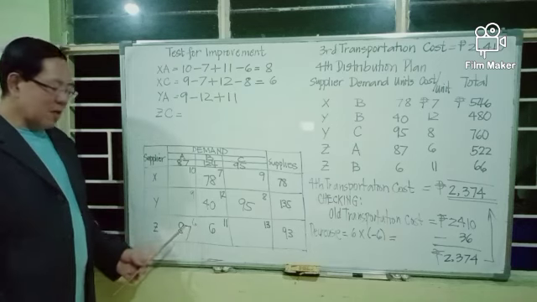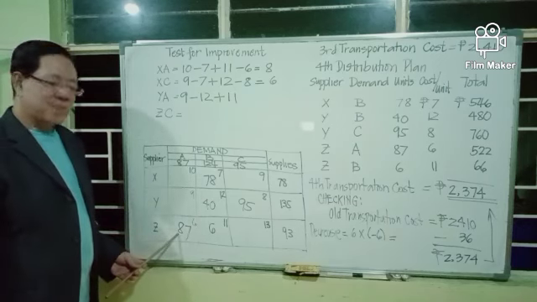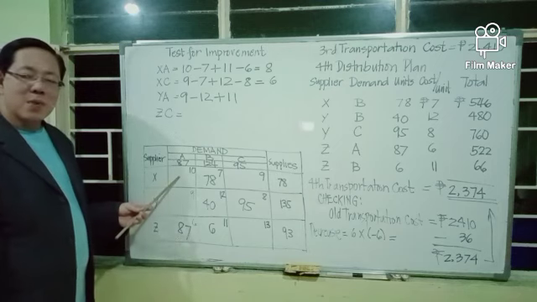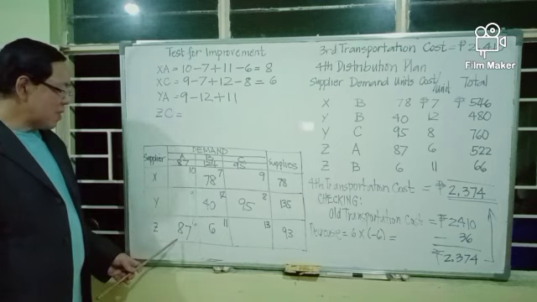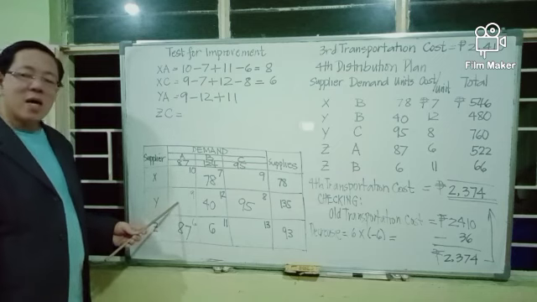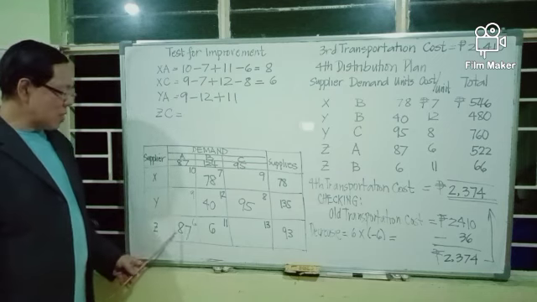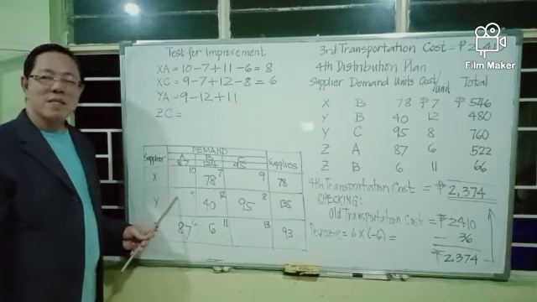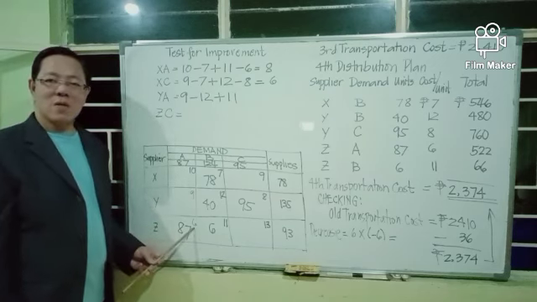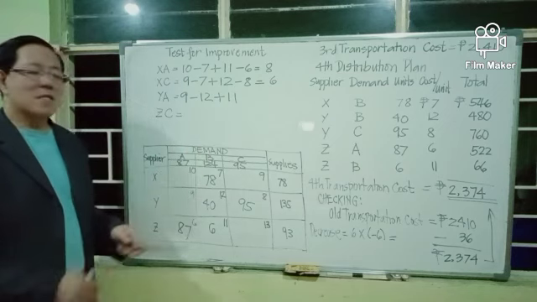And after this horizontal movement to the left, we move vertically upward. Not up to this cell because it is vacant, but up to this cell where we started, the vacant cell YA. And the cost associated for this vertical movement upward is the positive of this cell cost, or plus 6.